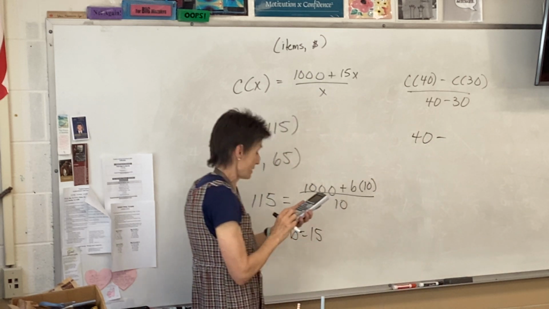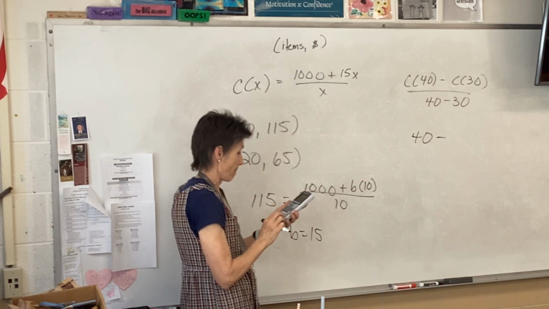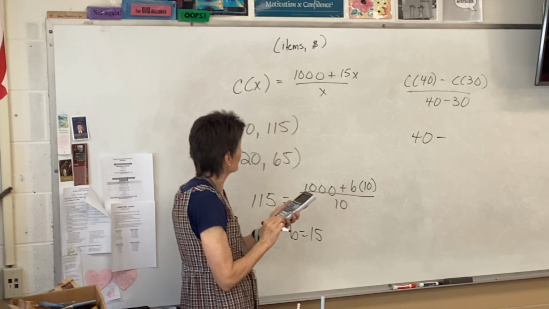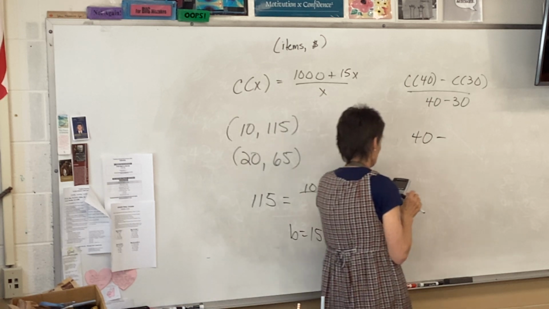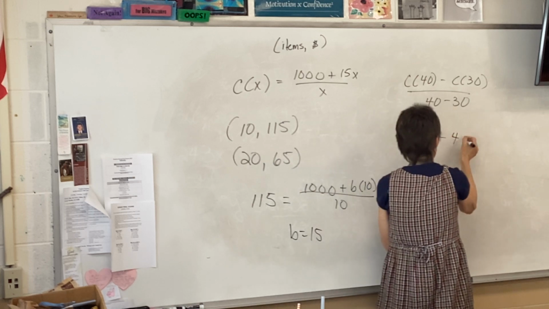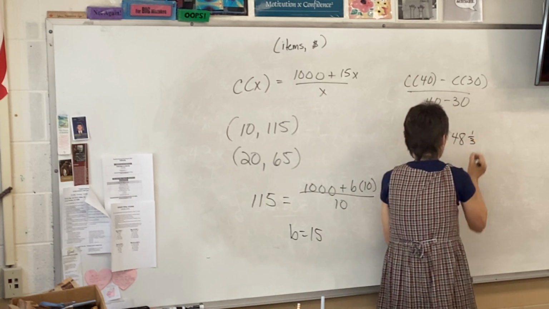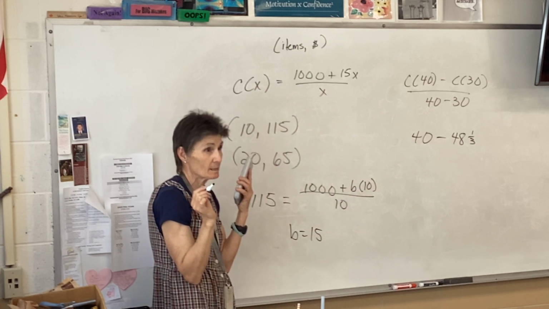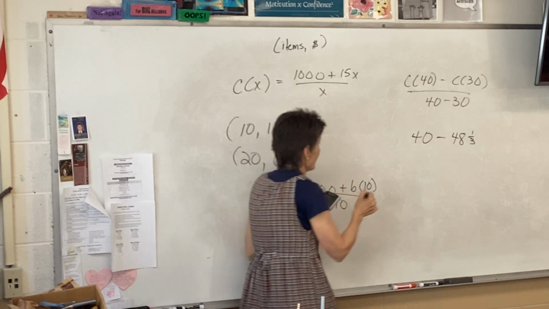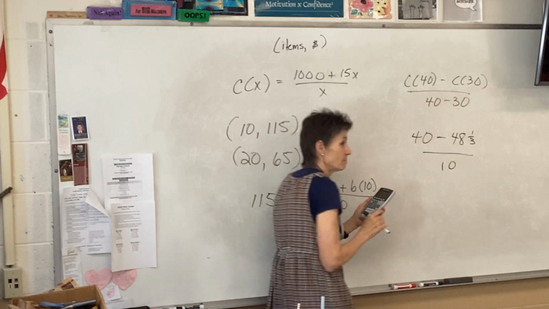All right, and then C of 30 is 48 and a third, basically. 48.33333. Did I do that one right? And then I'm going to divide that by 10.